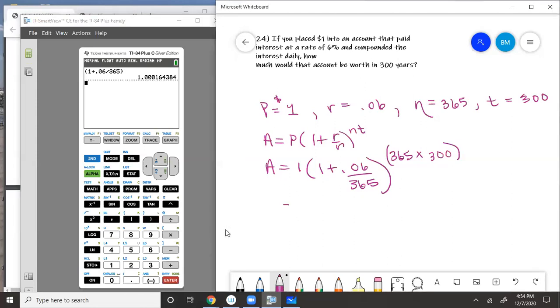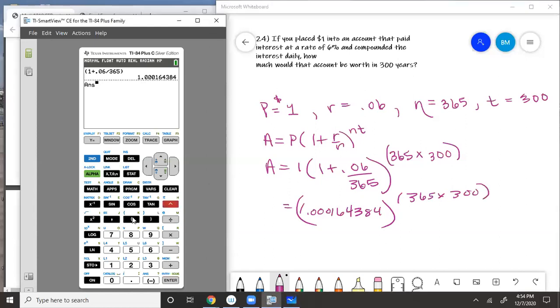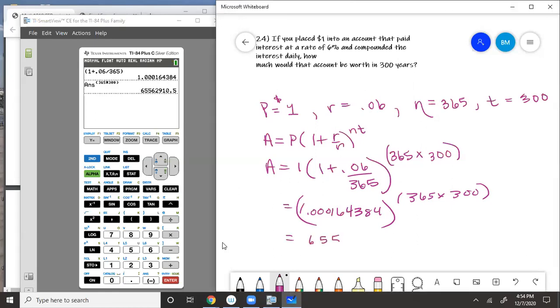You don't have to write this down, since it's already stored in your calculator. Now we're going to raise that to 365 times 300. So we press the hat, parenthesis, 365 times 300. Enter, and we get 65,562,910.50.